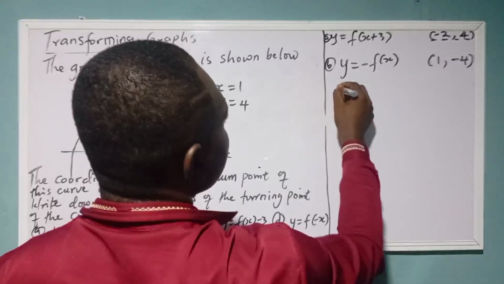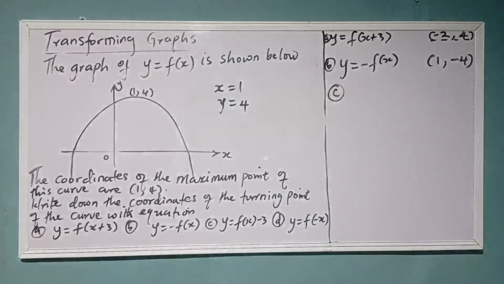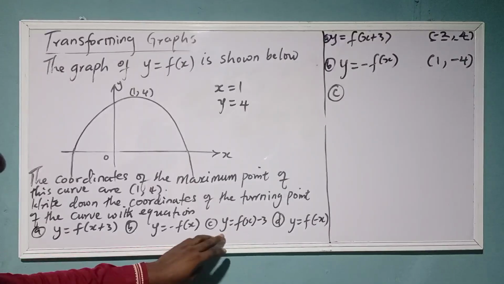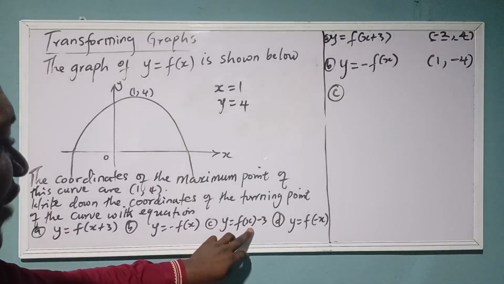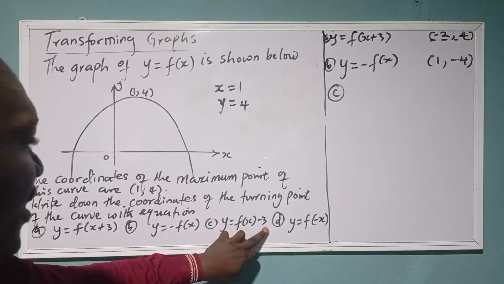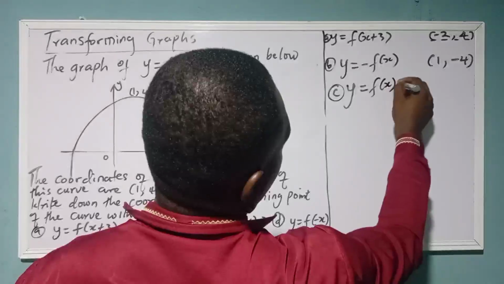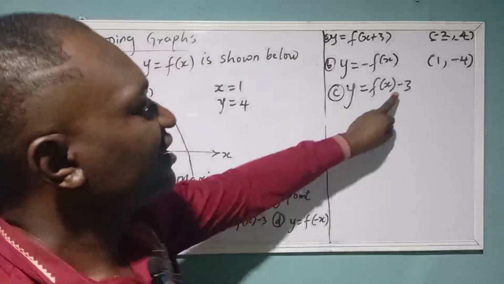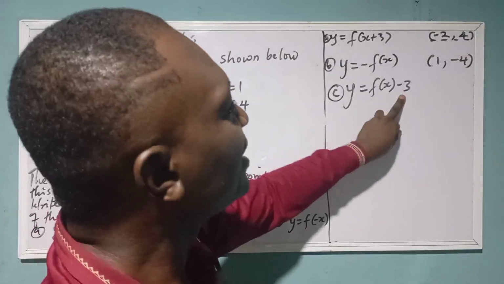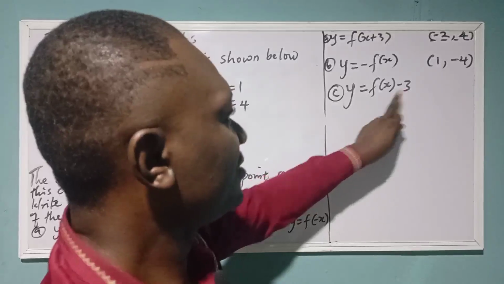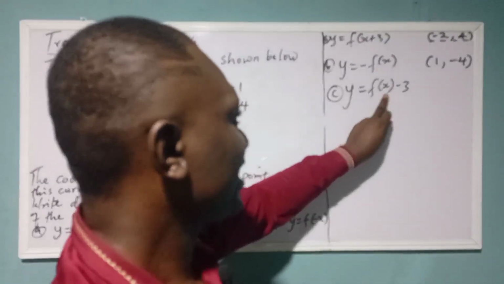Then option C. Option C says we should find y equals f of x minus 3. Now this transformation is happening outside the bracket.